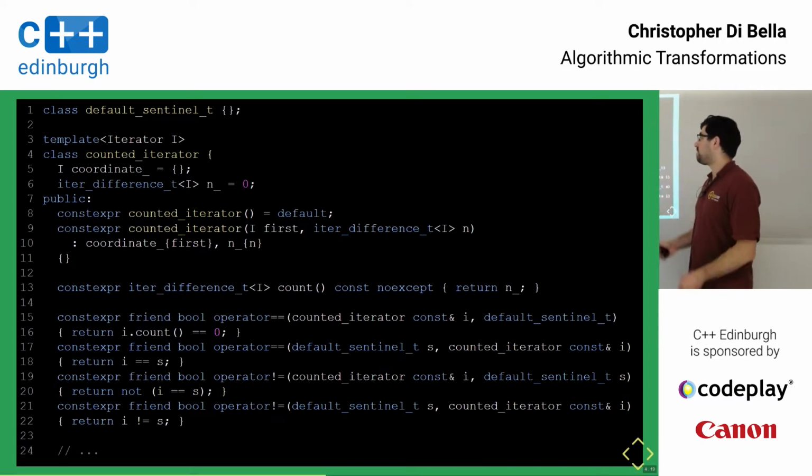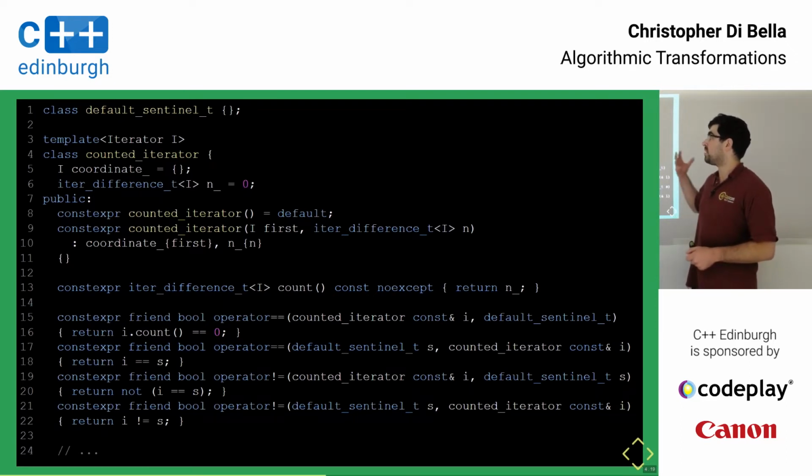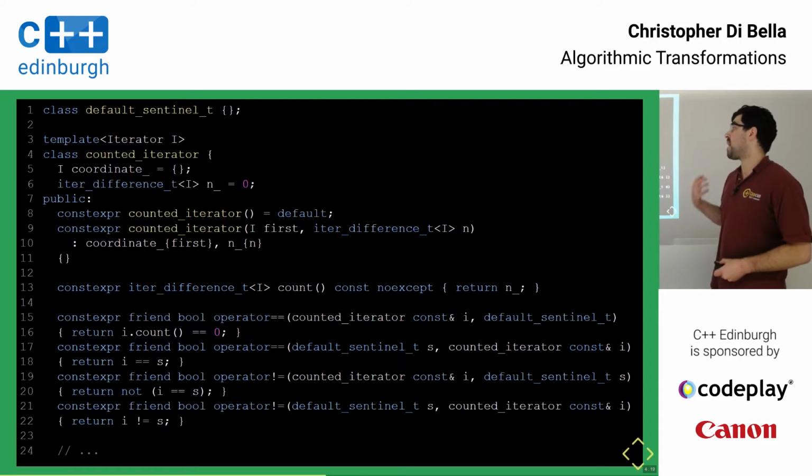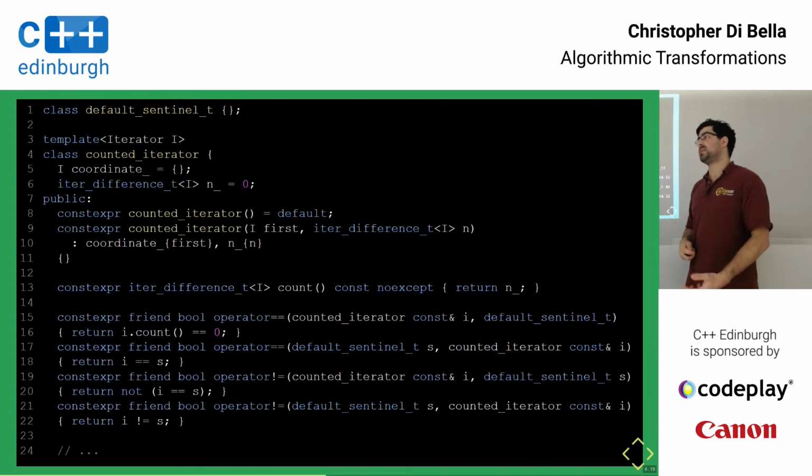The reason these are friends is it's not so much that I want them to be interacting with the implementation, but rather because when they are friends that are defined inside the struct, and this is very important, they have to be friends and they have to be defined inside the type itself, then they can only be found by what's known as argument-dependent lookup, which means that they're not names that are declared, and this has benefits for compile times. That's one of the huge advantages.